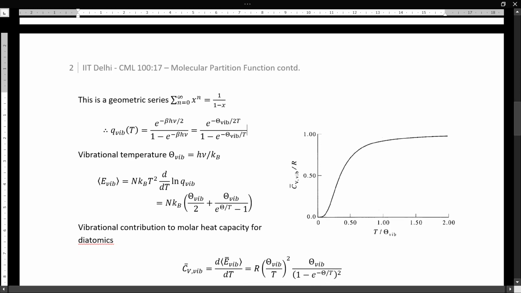Now I could also calculate the average vibrational energy that comes out.